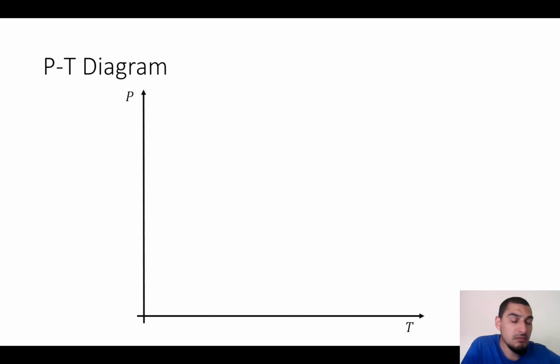So based on what we discussed in the last two videos, we can now have an expectation where the liquid phase will be and where the vapor phase will be. So we can tell that the material would be in the liquid phase at low temperature and at high pressure.